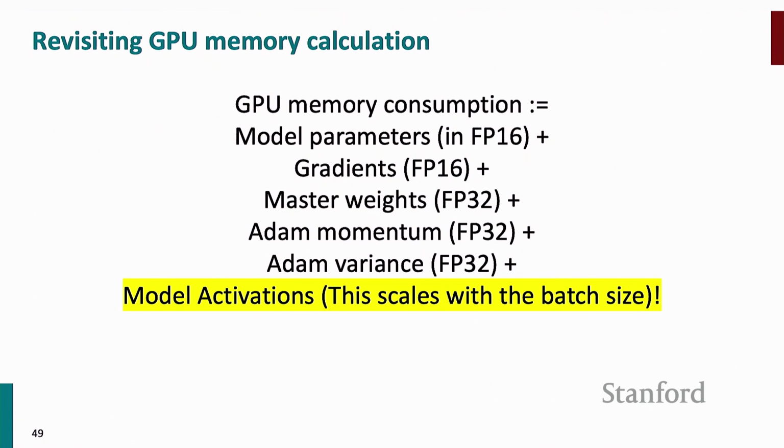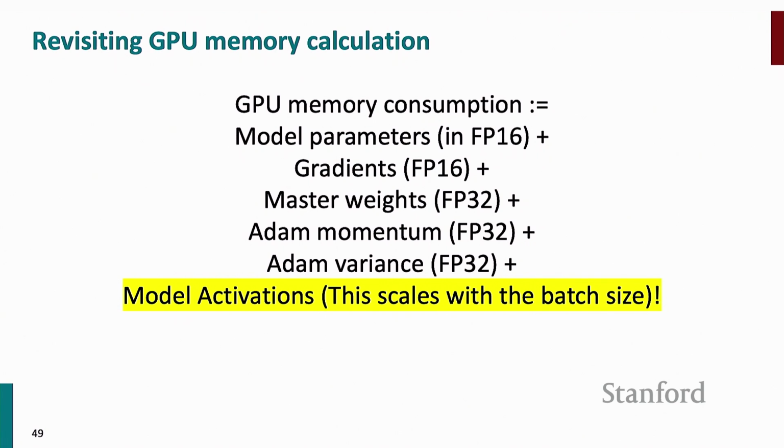And that's because you also need to store model activations for the backward pass, right? And that scales linearly with the batch size. Okay, so the larger the batch size, the more model activations need to be stored. And by the way, if you're doing mixed precision, this is in FP16 or BF16, but it scales with the batch size, okay? And so that's the other thing that you have to think about. And none of the techniques that we've looked at so far help with sharding model activations.